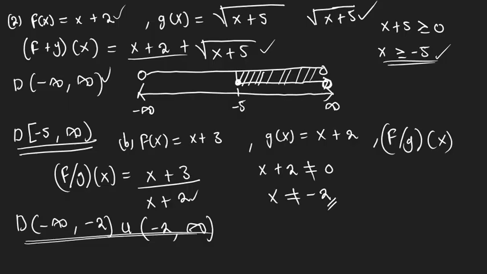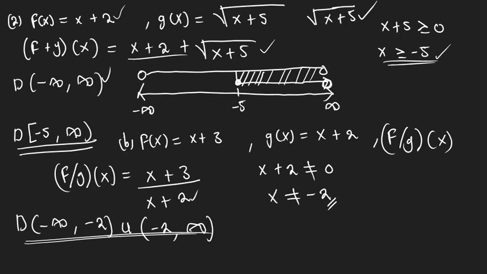How do we find the range? To find the range, where there is f over g, we are going to replace it with y. I think in the video I had shown how to solve this, if you follow me.